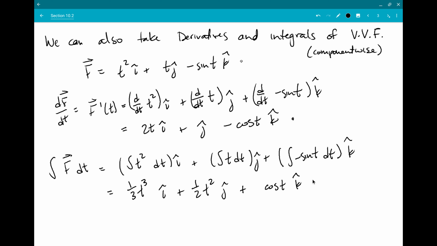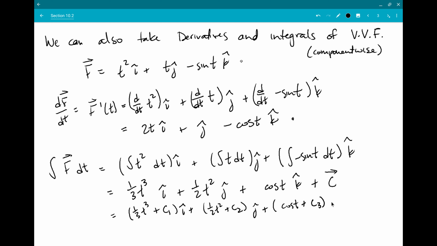And then one thing you're just going to want to always remember is that you do still have to have plus a constant. But now that constant is going to be a vector. You can see it as really this would have been 1/3 t cubed plus a constant i hat plus 1/2 t squared plus a constant j hat plus cosine t plus a constant k hat.